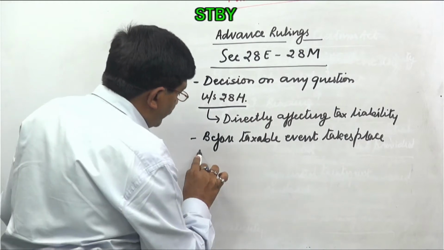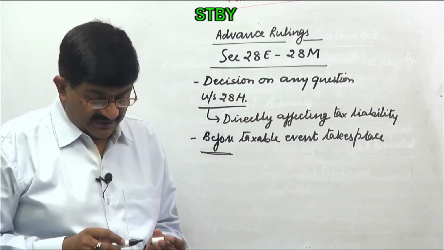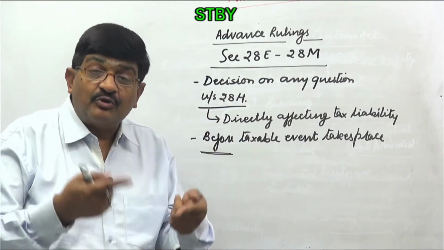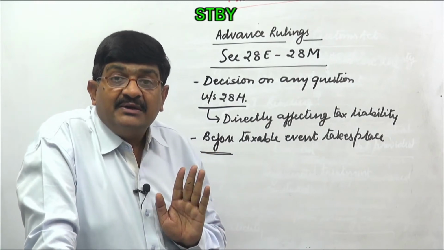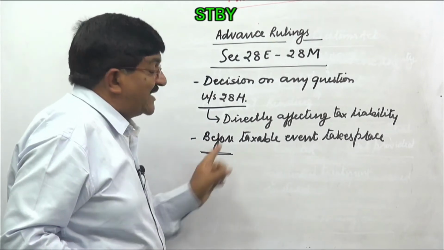So this before is very important, because once the taxable event has taken place, then this advanced ruling authority cannot do anything. Thereafter it is purely adjudication work and appellate work. In that case, advanced ruling is not possible. So this is before the taxable event takes place.